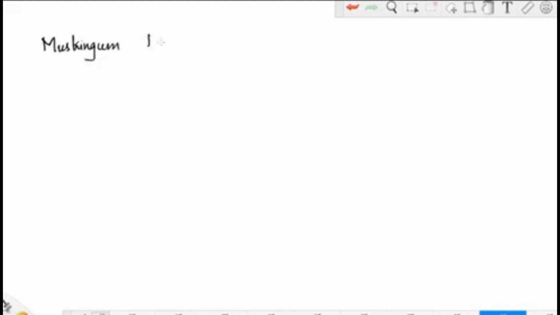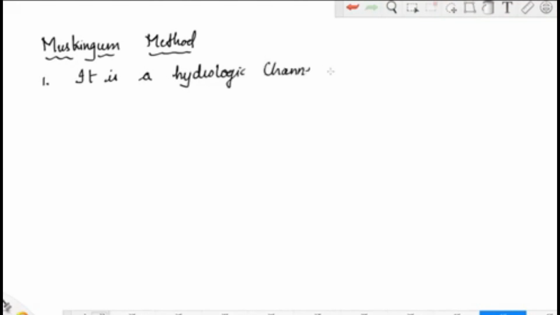Muskingum method. First point, it is a hydrologic channel routing method.